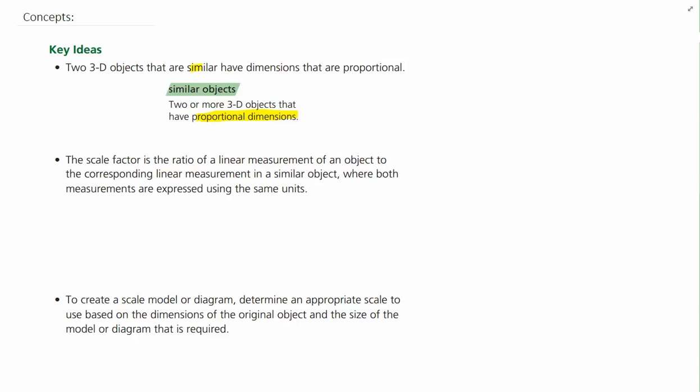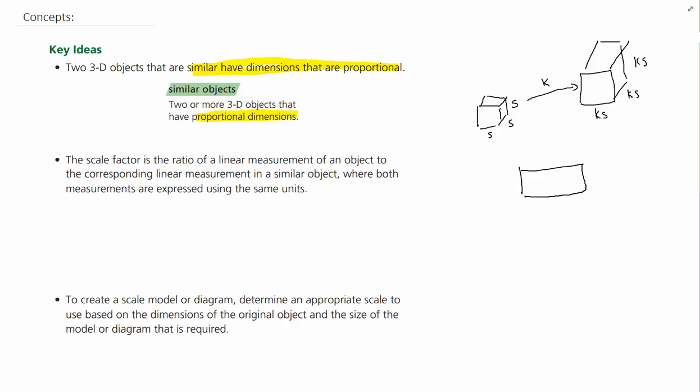Similar objects have dimensions that are proportional, which means that if I have a block like so, my beautiful block, and it has a side length of s, and I have another block that's proportional, then whatever scale constant I use, each of my sides is going to have that same scale constant to multiply it. So let's think of something other than side, side, side.